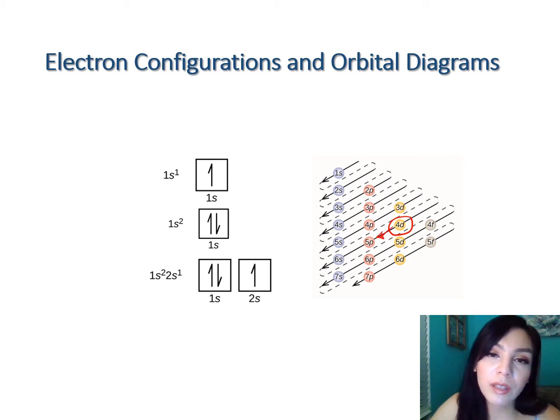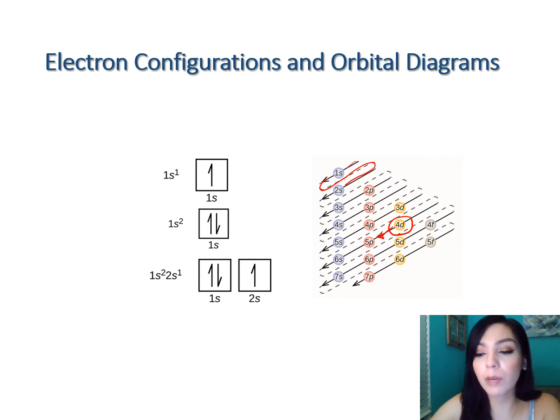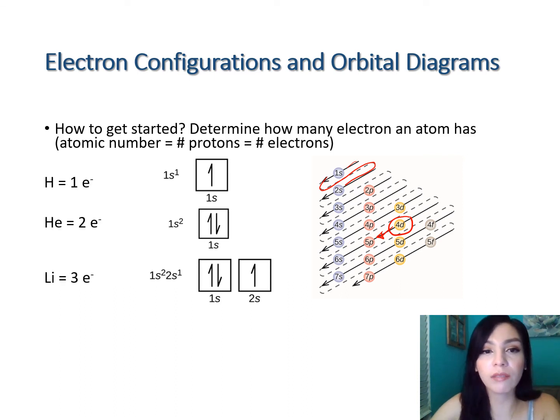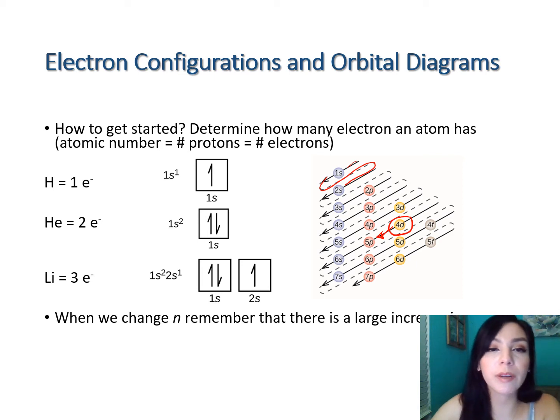So here, this little diagram has all the orbitals set up, and these are all the possible orbitals, so it doesn't go further than this. And then the little arrow tells you what fills next, so you just follow it, and you can use this to help you learn and just practice with electron configurations and orbital diagrams.